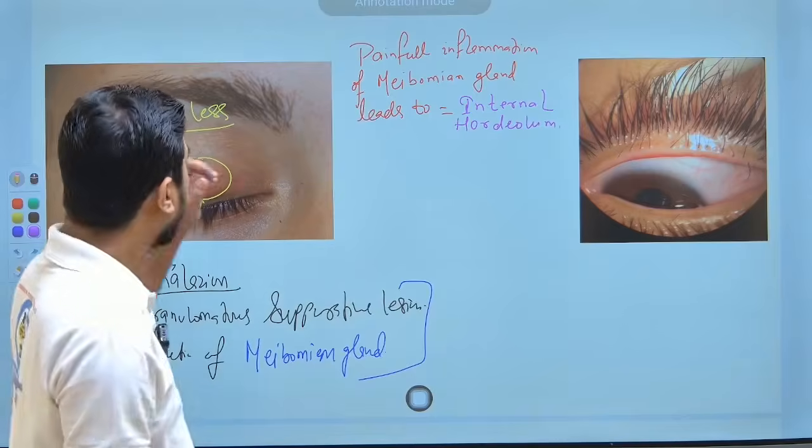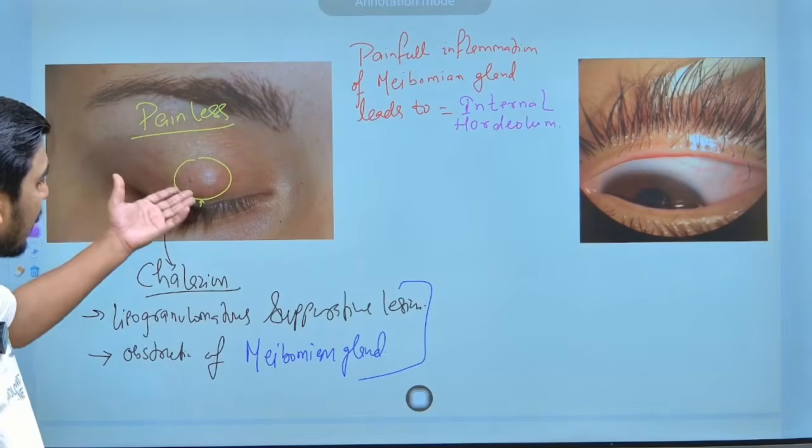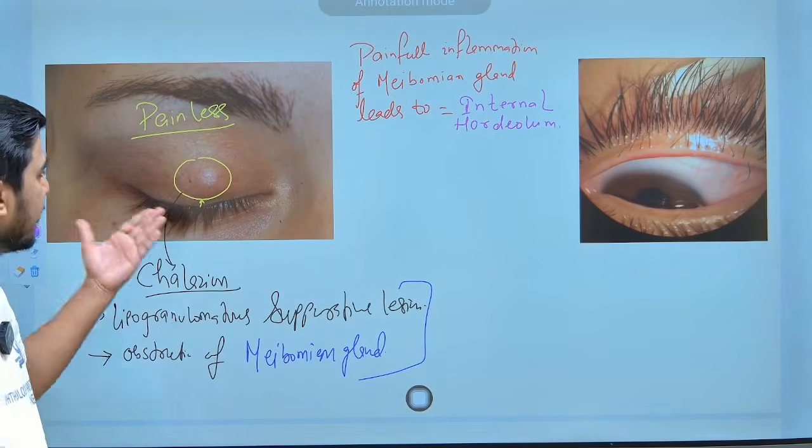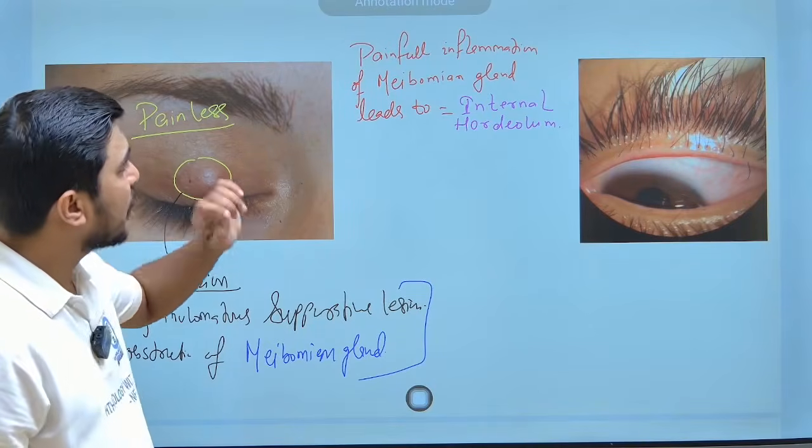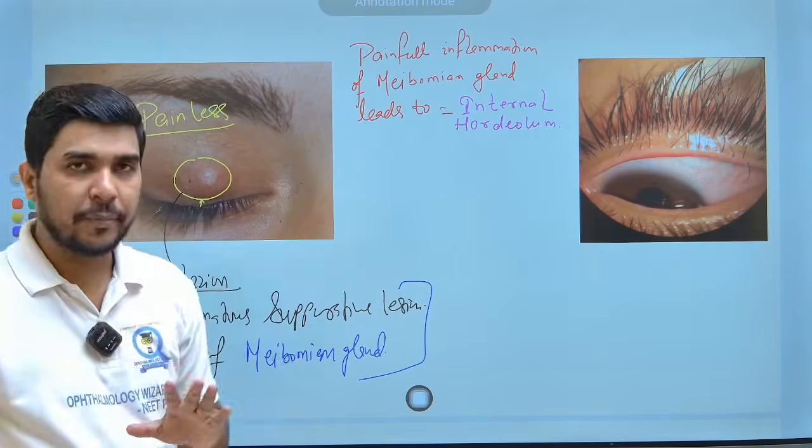Understood? So painless inflammation of meibomian gland is Chalazion, and the painful inflammation of the meibomian gland is internal hordeolum, right?